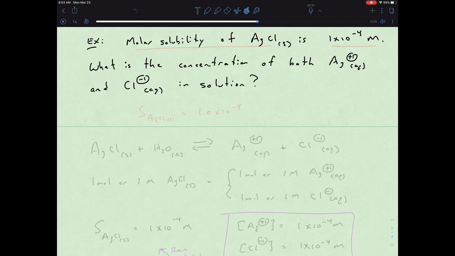So this is an example of, okay, I have a slightly soluble solid, talking about the molar solubility of this material, molar solubility being important to that term.